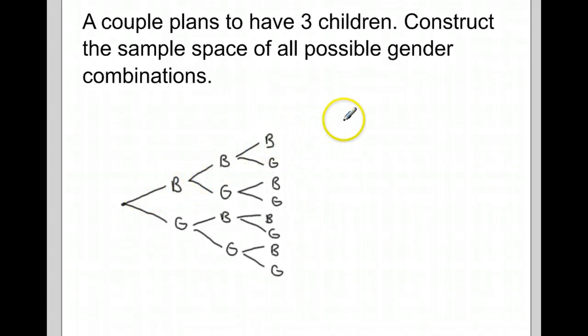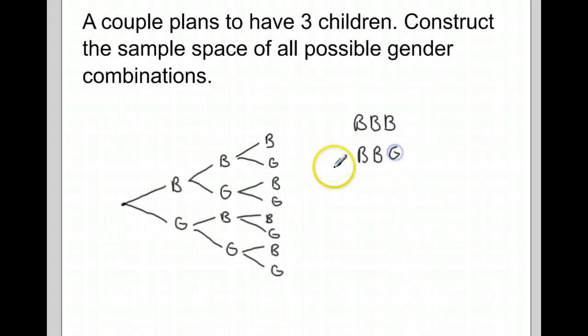So if we take the top branch, we get a boy, boy, boy. If we take the second one, we get boy, boy, girl. If we take this, we get boy, girl, boy. And then boy, girl, girl.